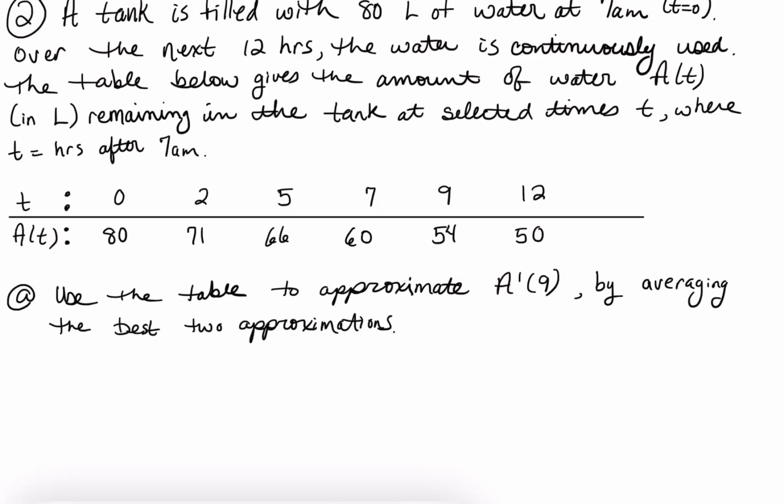So first of all, we are approximating, and our best two approximations are going to involve looking at the average rate of change on the two intervals that are closest to 9. So here's what we're going to do. First, let's find the average rate of change on the interval from 7 to 9.